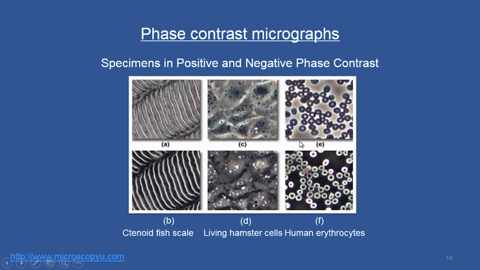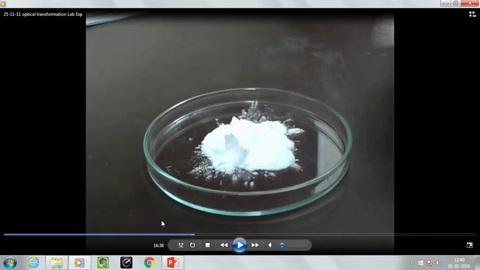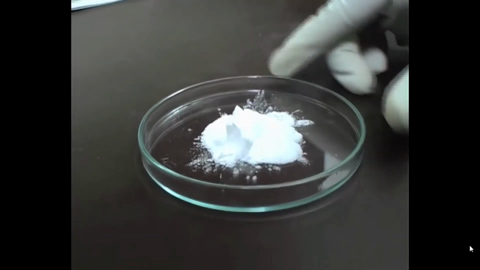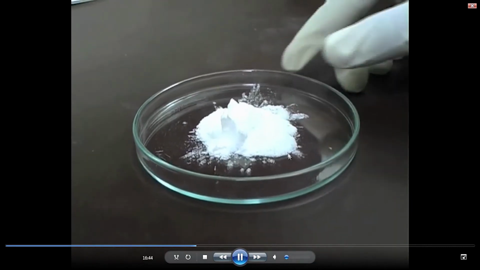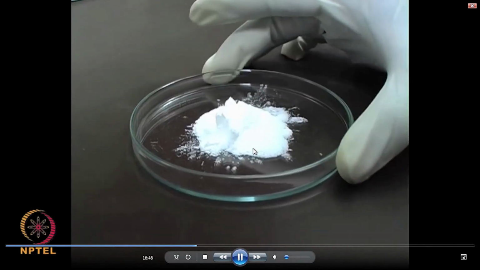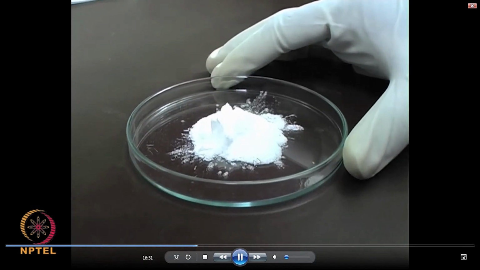So, now let me go to the microscope, and we will look at a live example of how phase contrast microscopy is performed at the real laboratory scale. What you are seeing is a powder specimen, and these are all glass microspheres.